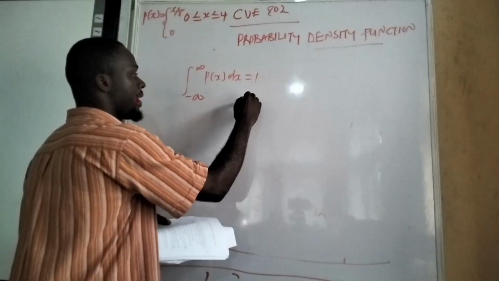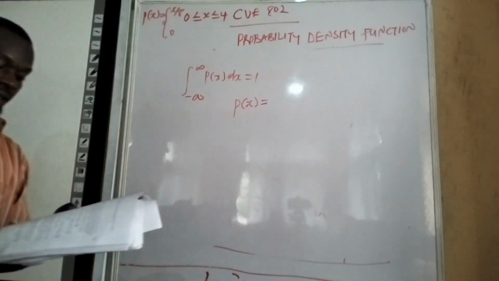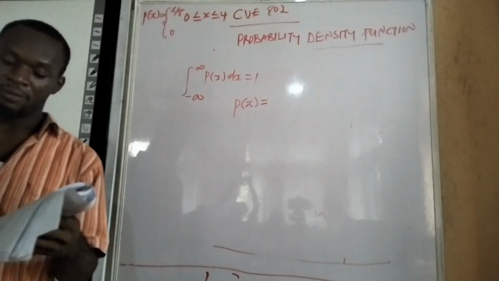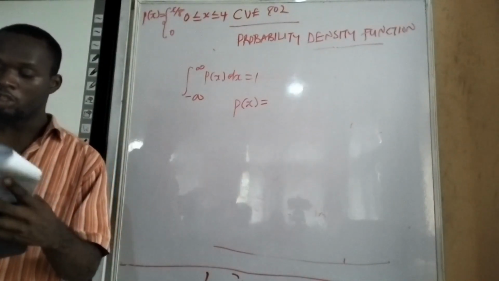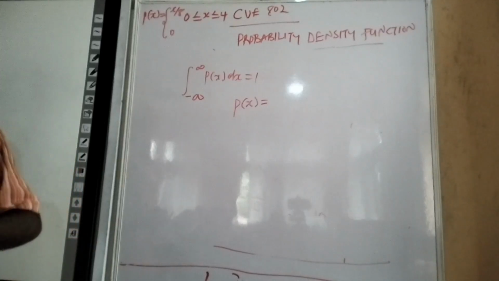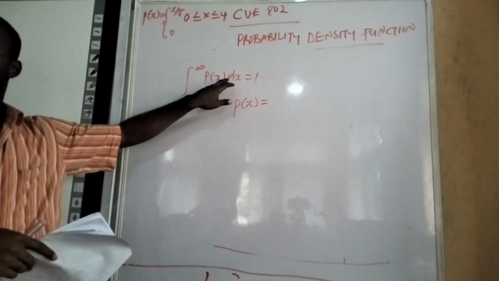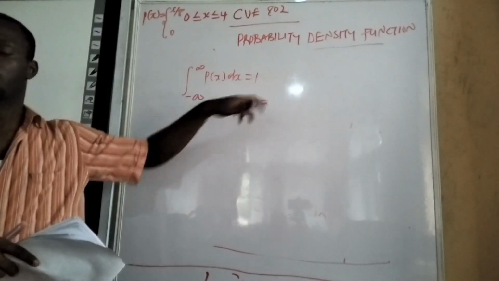The question says the probability density function for a continuous random variable. So that word continuous means that if you integrate it from negative infinity to positive infinity with respect to s, we get 1.